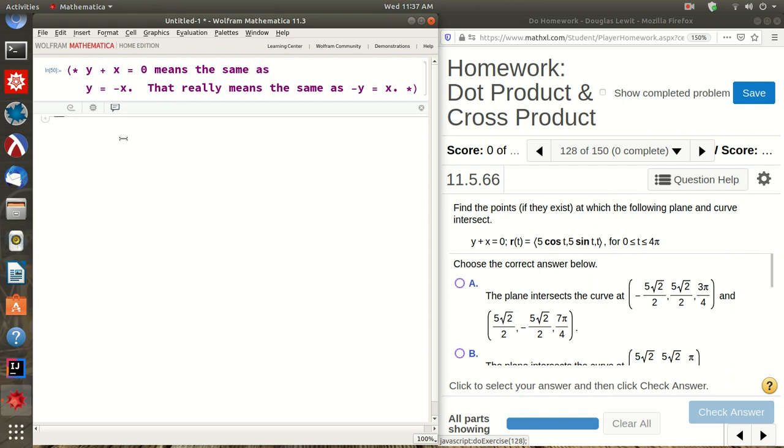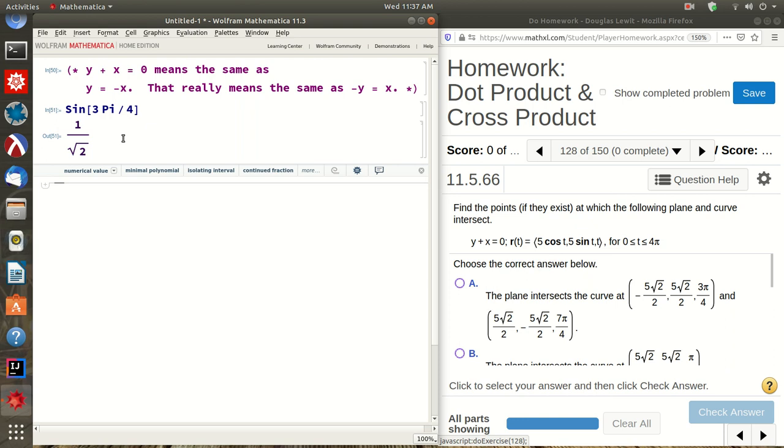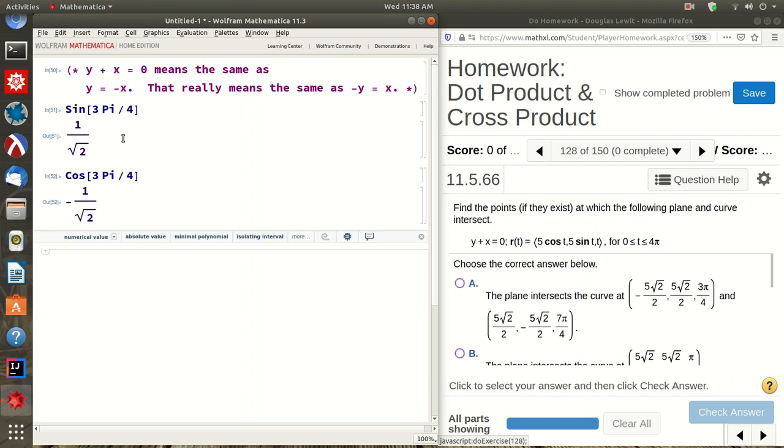Now, I know from high school trigonometry, let's take the sine of 3 pi over 4. That's going to be 1 over the square root of 2. Let's take the cosine of 3 pi over 4. That should be the opposite of sine 3 pi over 4, and it is.